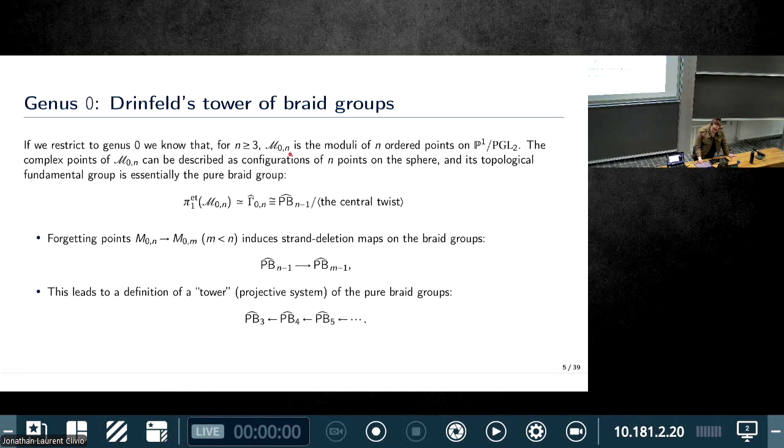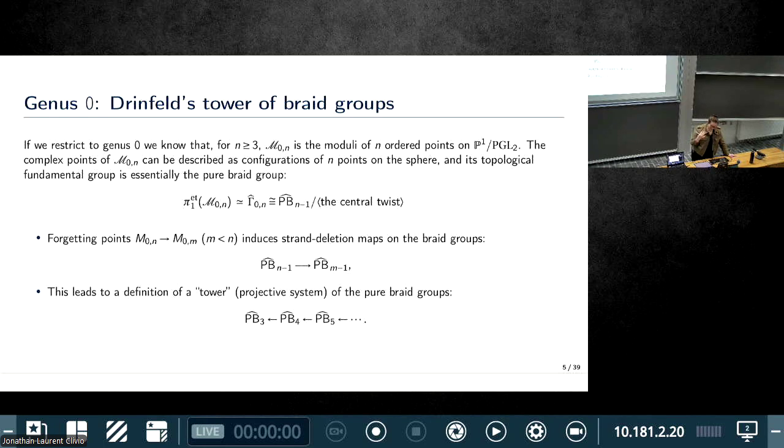So M_{0,n} is just n ordered points on P1 modulo the action of PGL2, which if you look at the complex points, just look like configurations of points on a sphere. And so configuration spaces and braid groups, this is algebraic topology, so I'm just trying to get that in mind.